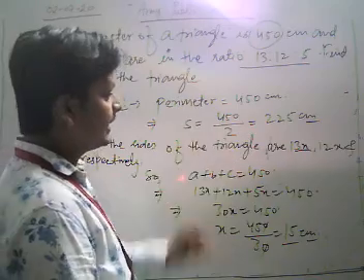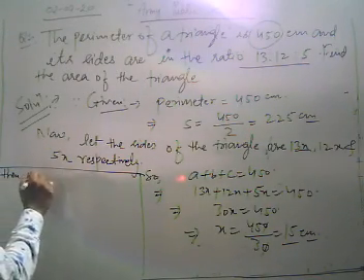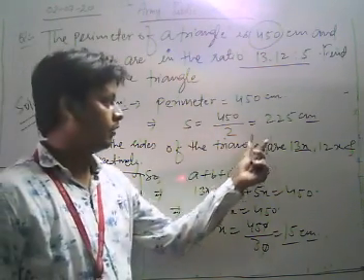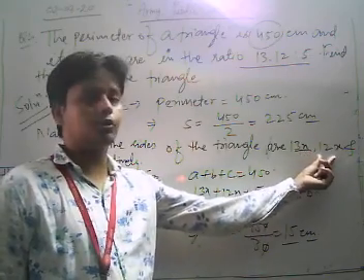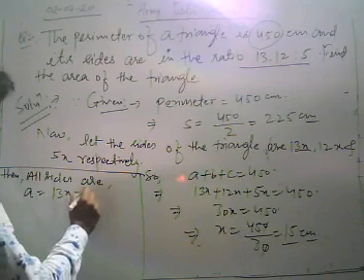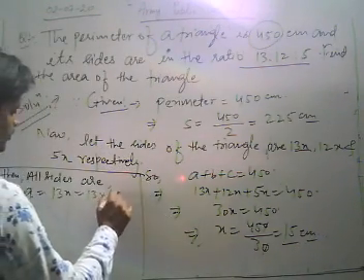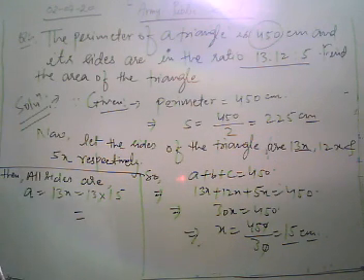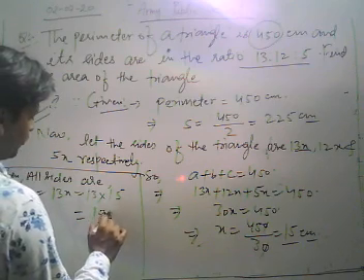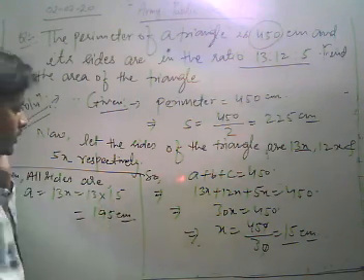Now let's see all the sides. The first side is 13x, the second is 12x, the third is 5x. The first side is 13 into the value of x, which is 15, so your first side is 195 centimeters.